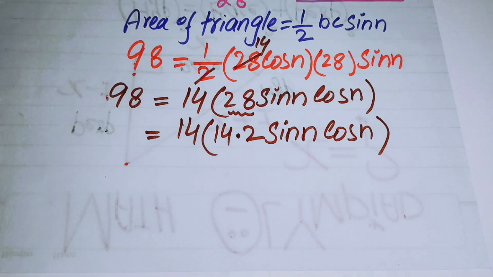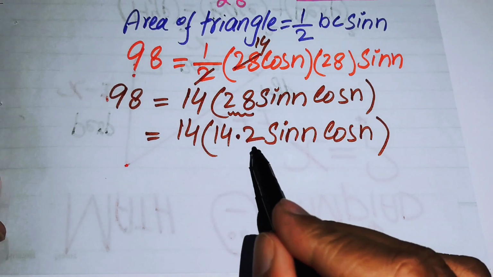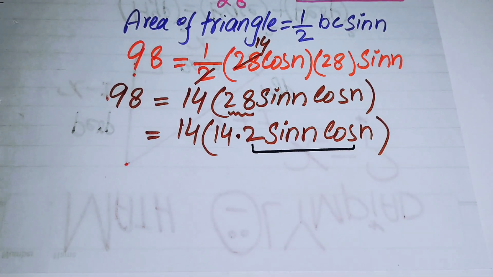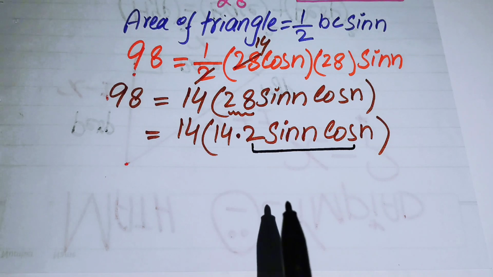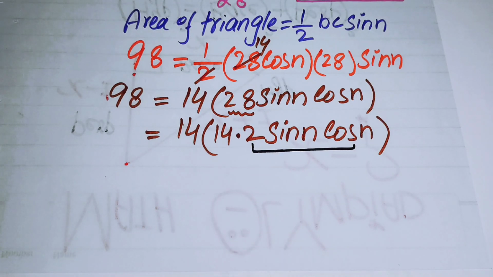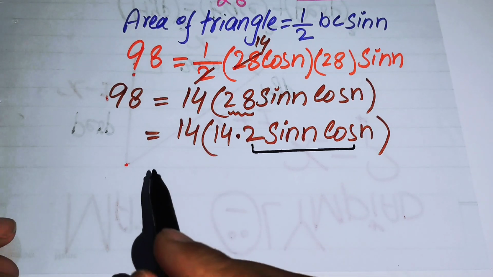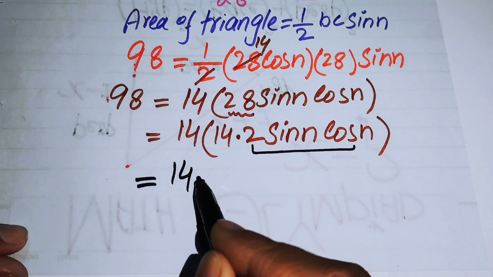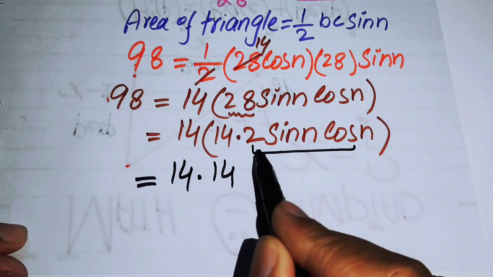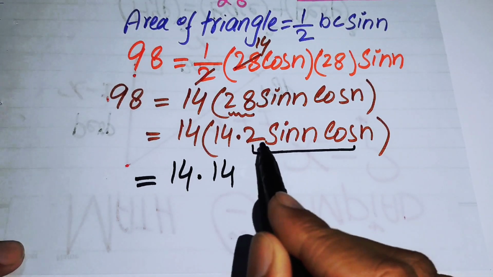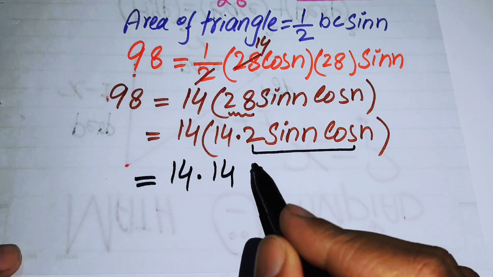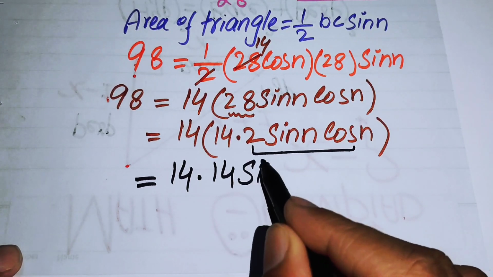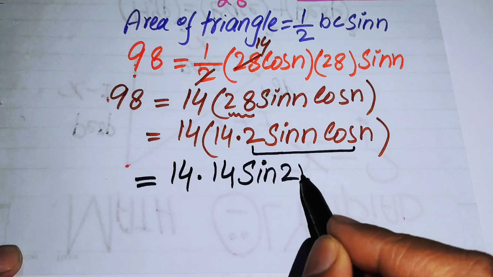If you focus on these terms, this becomes the very famous double angle identity in trigonometry, so we write it as 14 times 14 times sine of 2n.